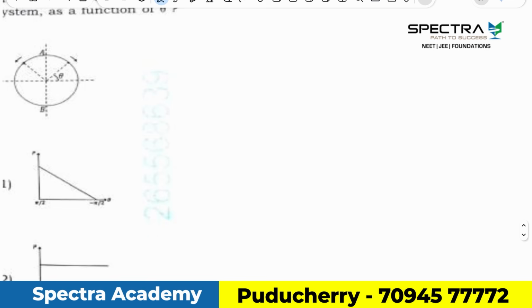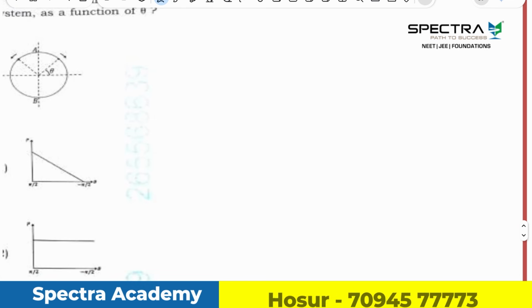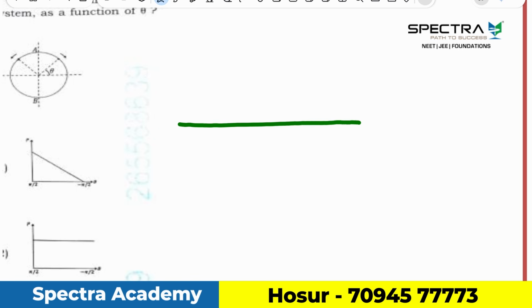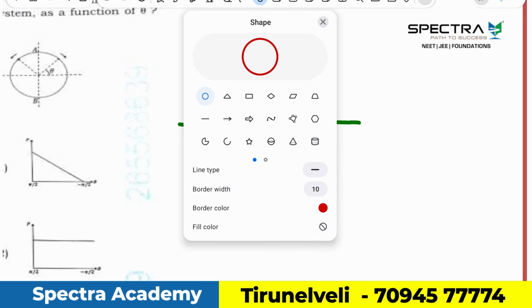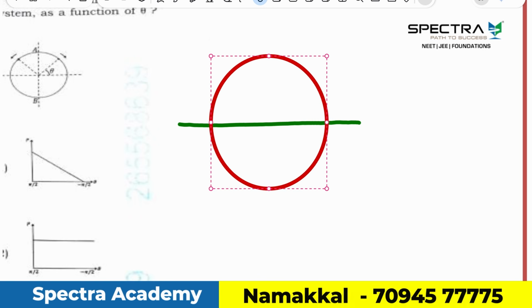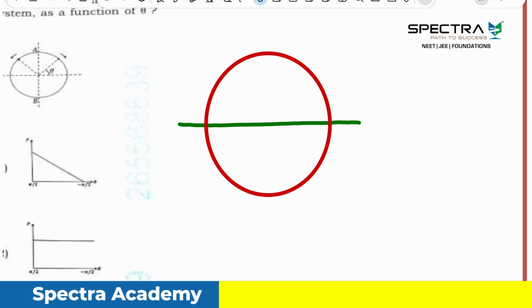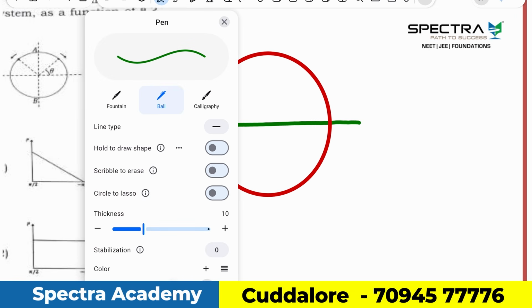See, looking into this question, this is a situation. I'll give you a very logical explanation for this. Rather than solving the complete maths, it's simple to look at it logically.